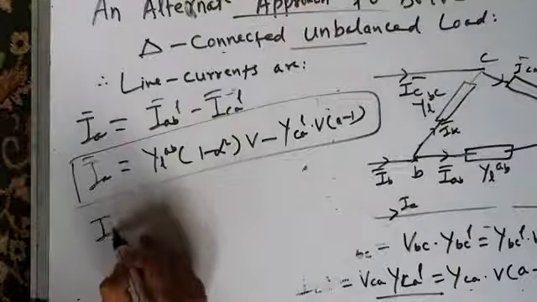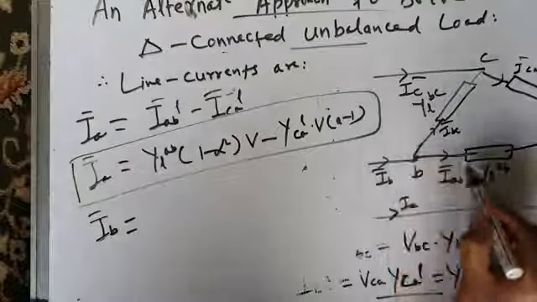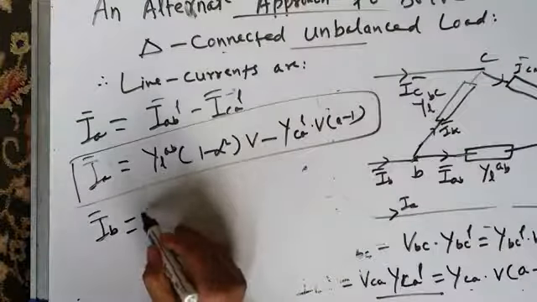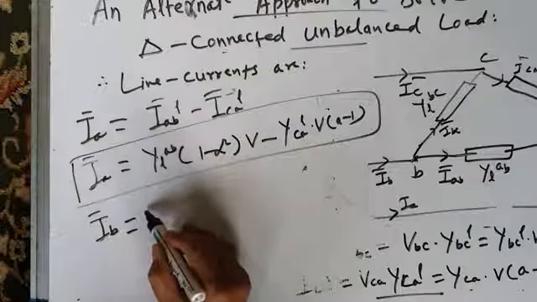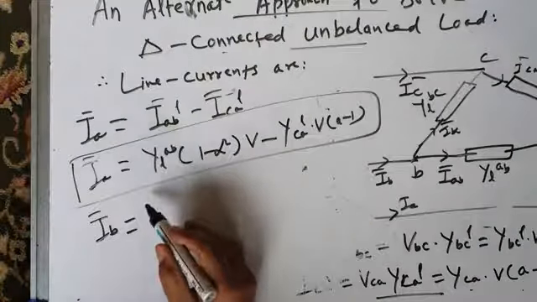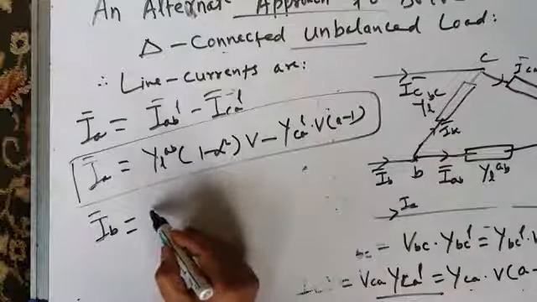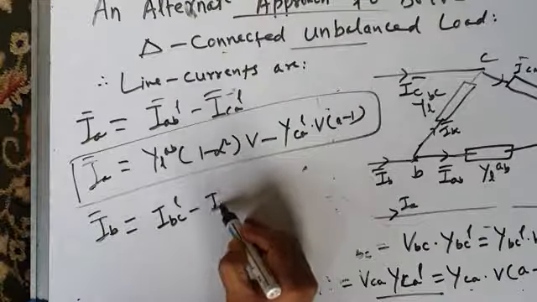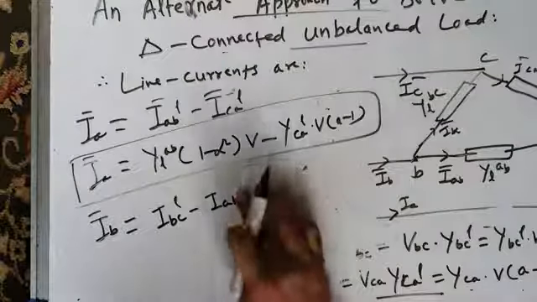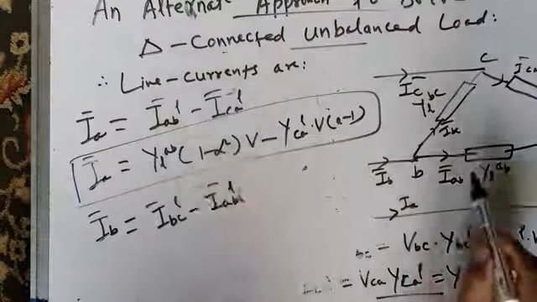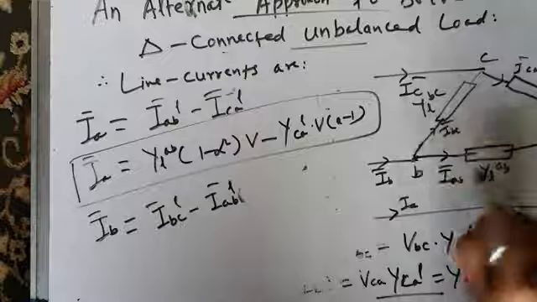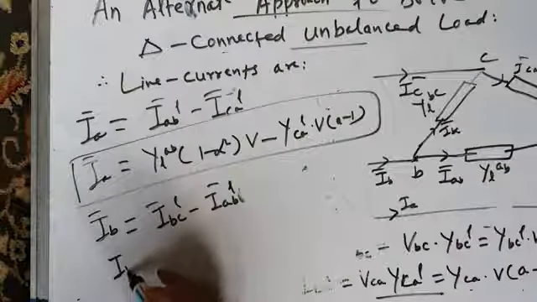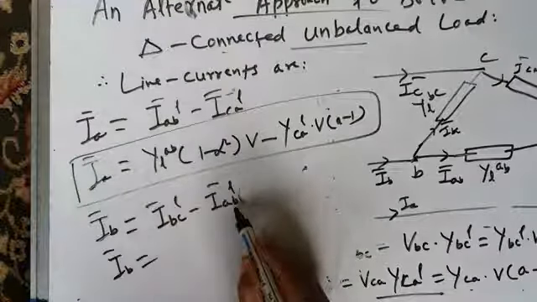So you can find IA. Similarly, you can find IB. IB is this current minus this current. So IB is equal to IBCL minus IABL. It is IBC minus IAB. IBC is with you, IAB is with you.